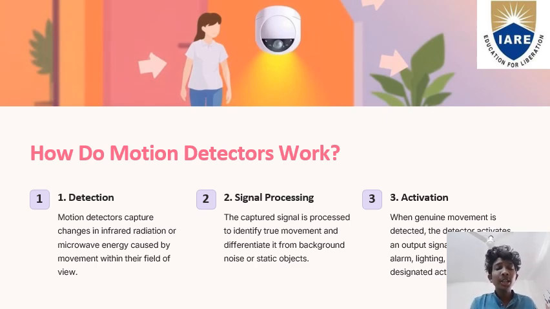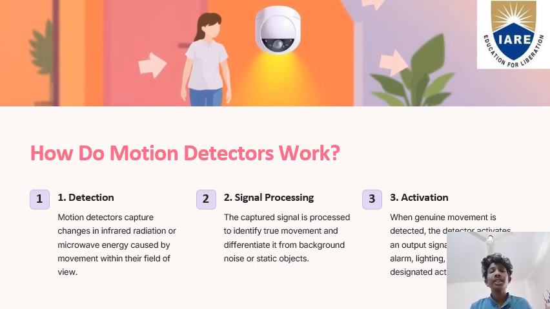Second one is signal processing. The captured signal is processed to identify true movement and differentiate it from background noise or static objects. In signal reception, the motion detector receives the infrared signals from the object or person within the detection zone. Second is amplification: the received signal is amplified to increase its strength and quality.